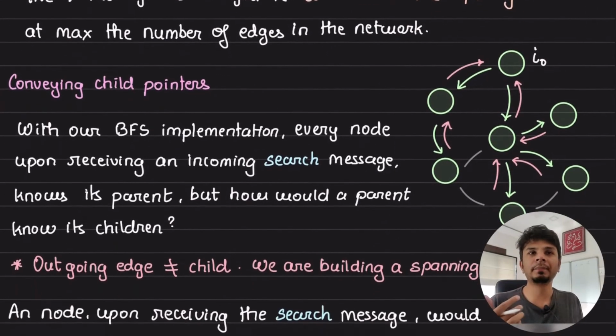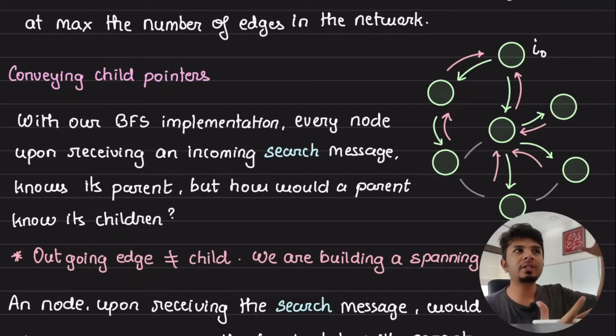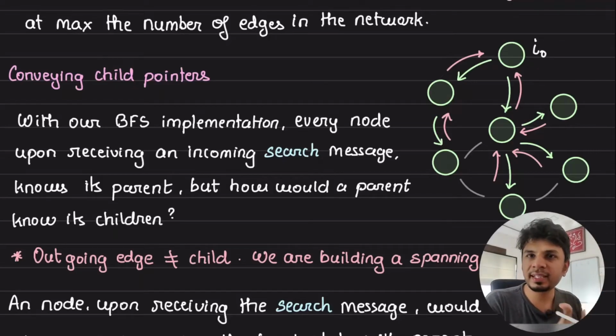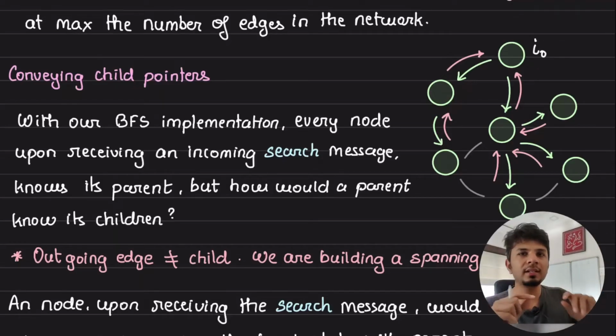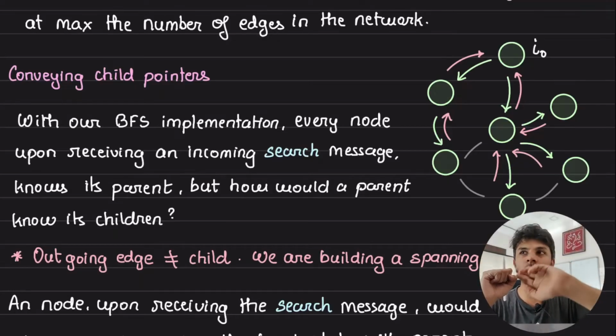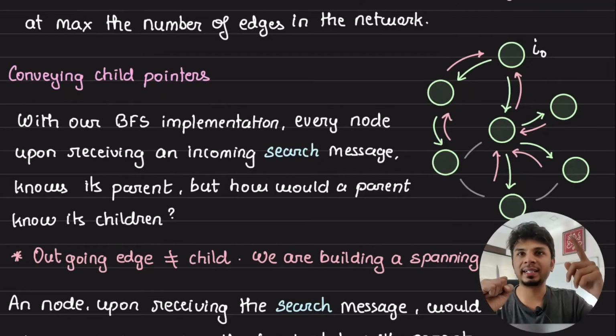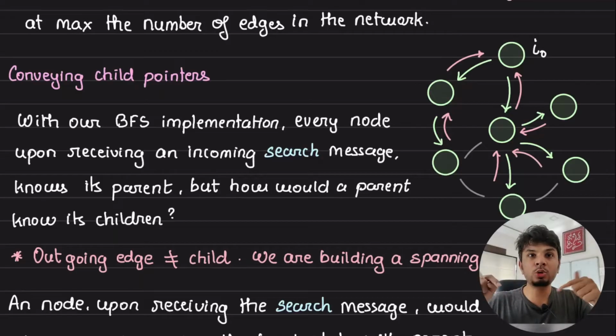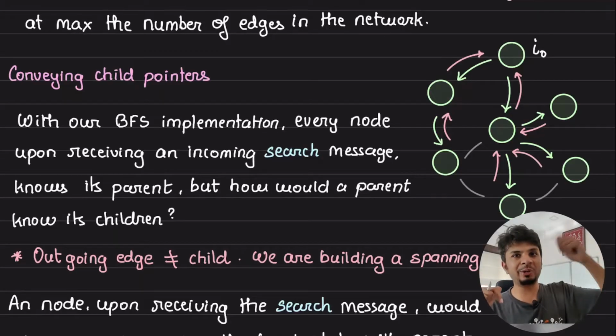Now here, let's say we build this spanning tree. But in most cases, what is happening up until now is that every node knows which node is its parent. But the parent should also know which of the nodes chose it to be the parent.